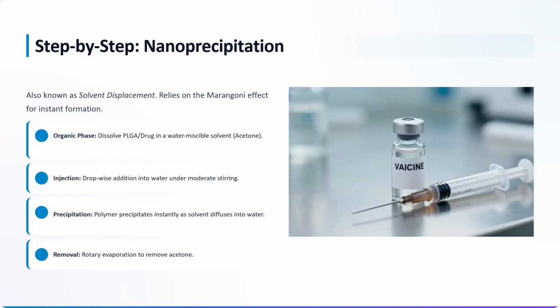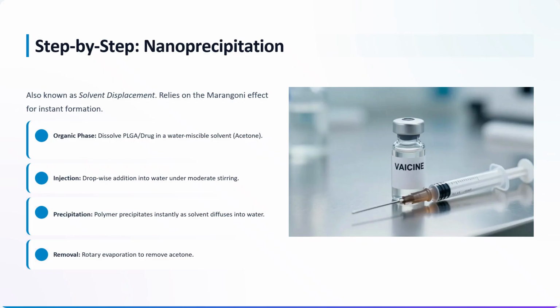Nanoprecipitation, also known as solvent displacement, is a simple and efficient technique widely used to produce small PLGA nanoparticles. In this method, PLGA and the drug are dissolved in a water-miscible organic solvent, such as acetone. The organic solution is then slowly added to an aqueous phase under stirring.